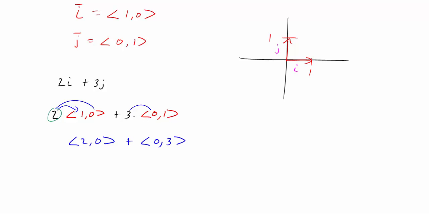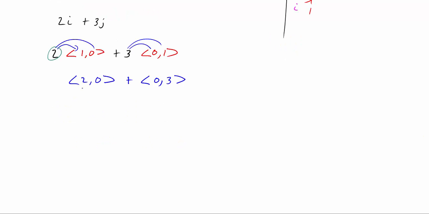It's the same thing when we multiply 3 times (0, 1). J is the vertical, so we're increasing only the vertical part by multiplying the 1 by the 3. Therefore we get (0, 3). Then we simply add the two vectors together, 2 plus 0 and 0 plus 3, and we end up with the vector (2, 3).